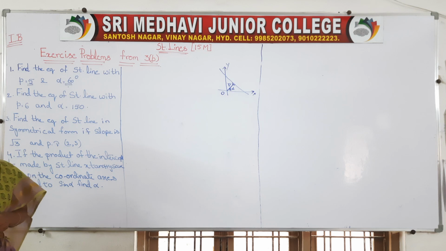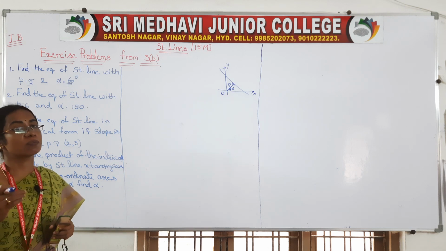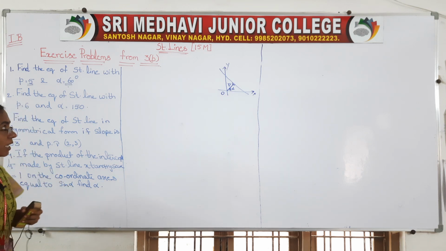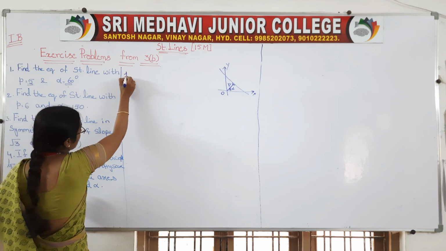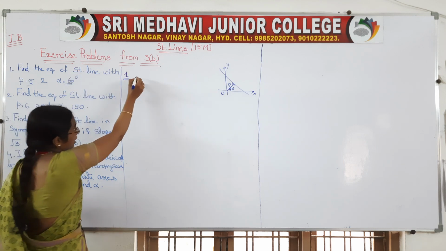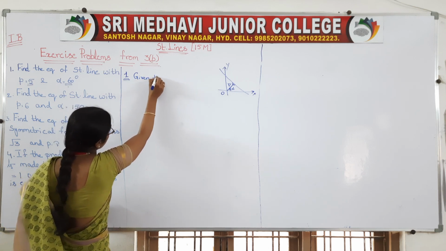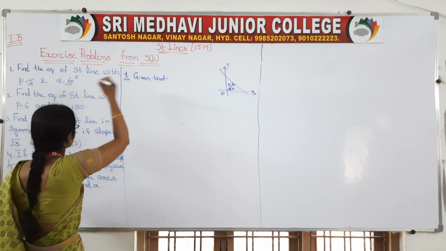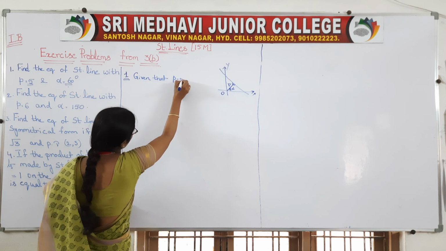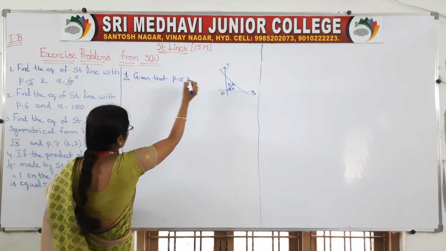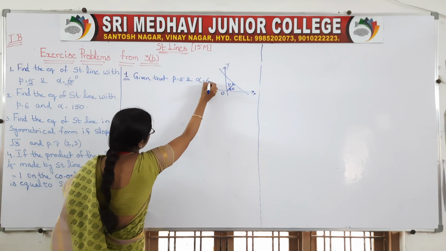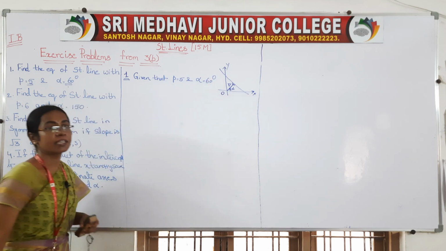Yesterday we discussed x cos alpha plus y sin alpha is equal to P. In any question, first write down the given information. P is equal to 5 and alpha is equal to 60 degrees.